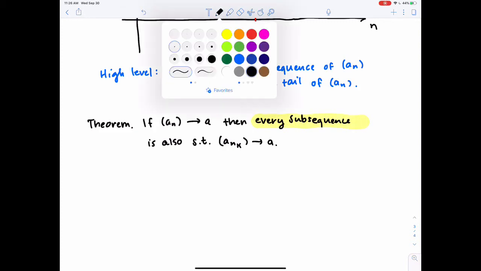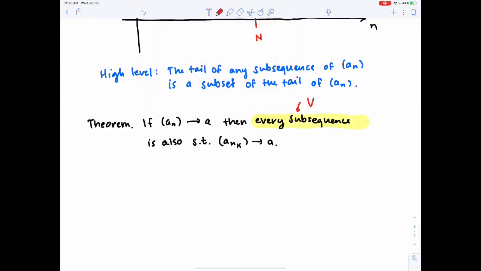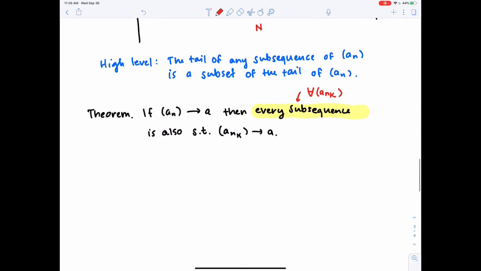Another way of thinking about that, if I was quantifying it, I'm saying for all ANK has to converge to A as well.